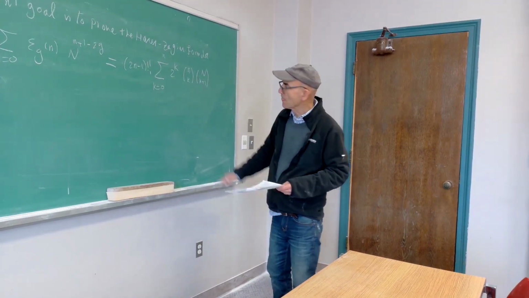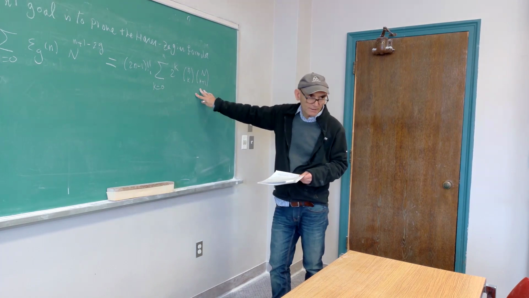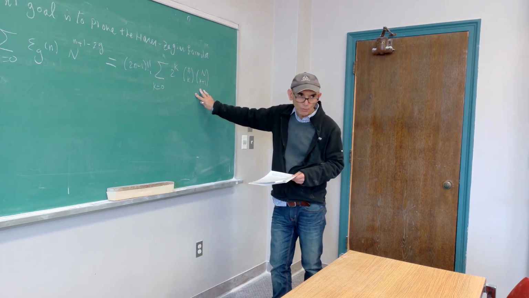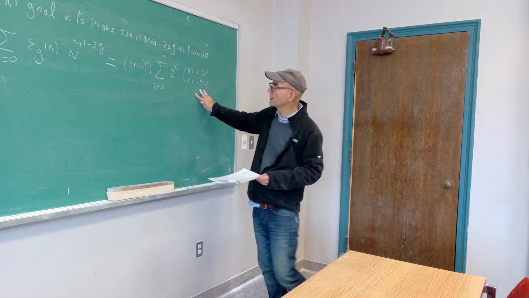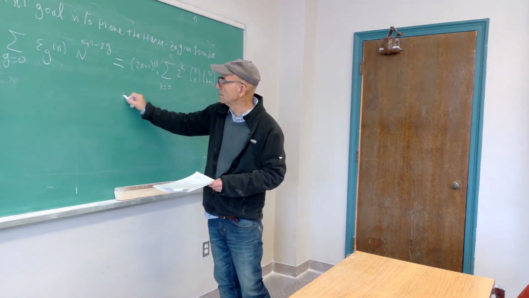So what you have to do is see the right-hand side as a polynomial in n.